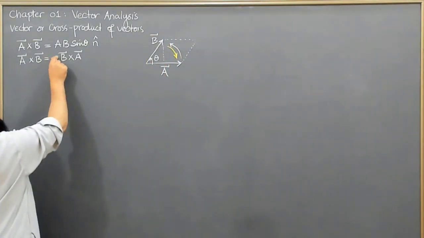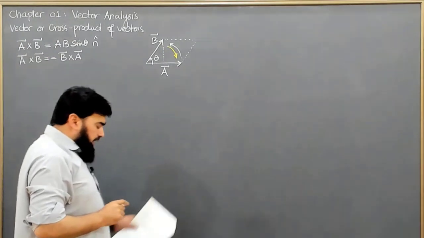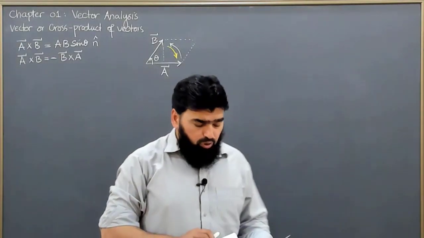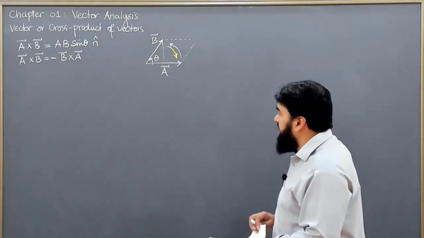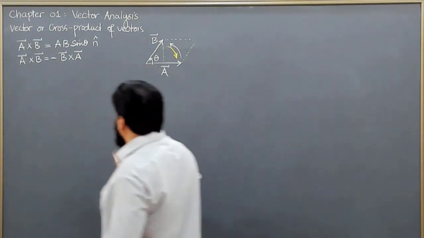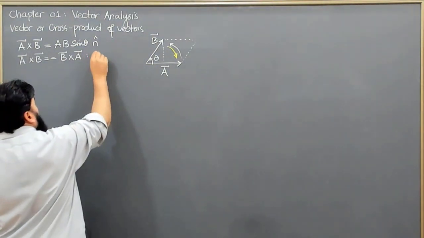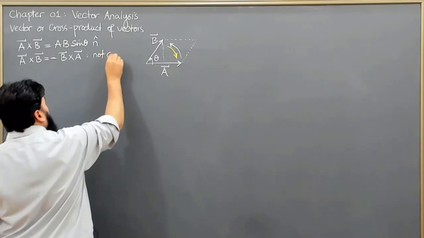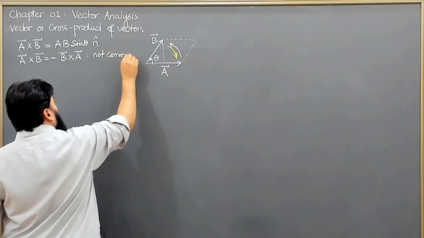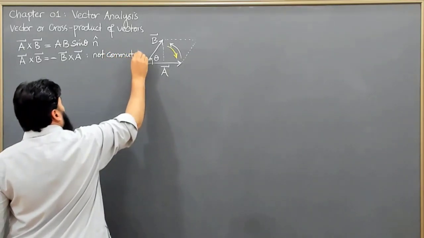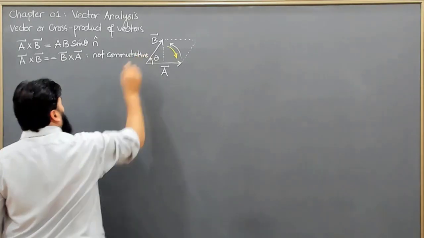So both directions are opposite to each other, and that's why we have to write the minus sign, and that's why we say that the cross product is not commutative, as the minus sign is coming here. So it is not commutative.